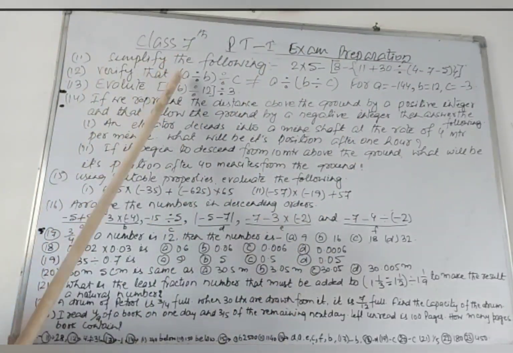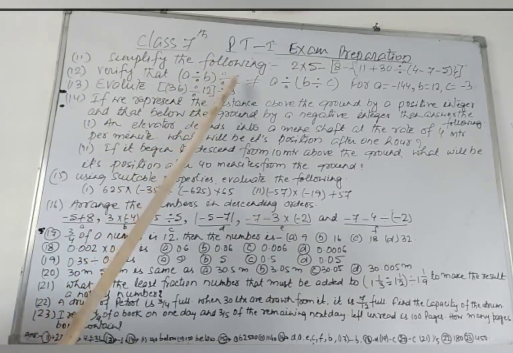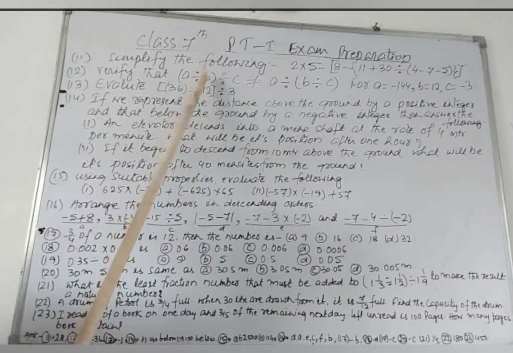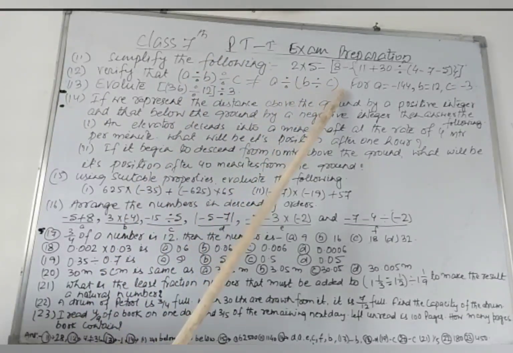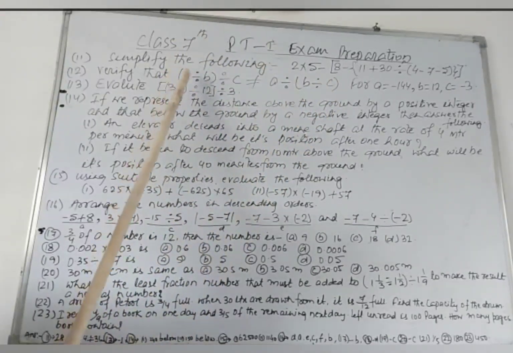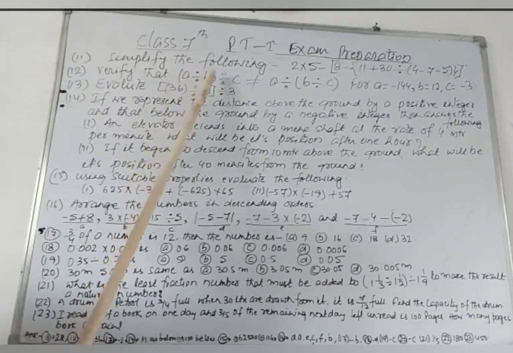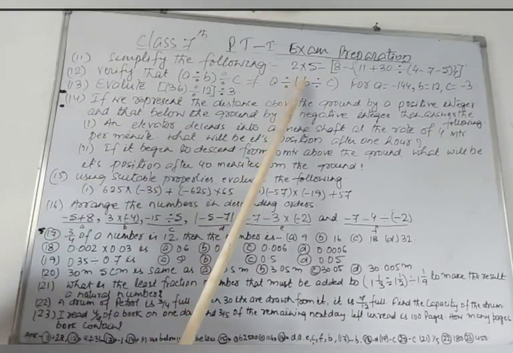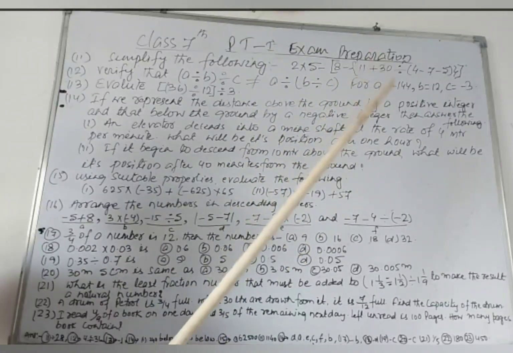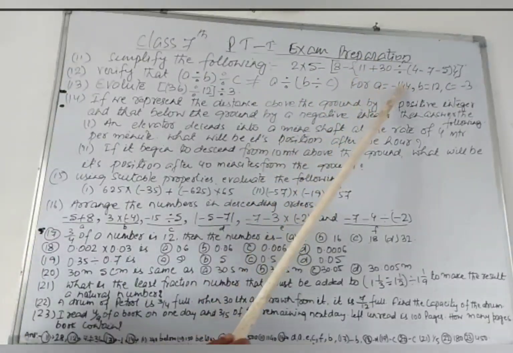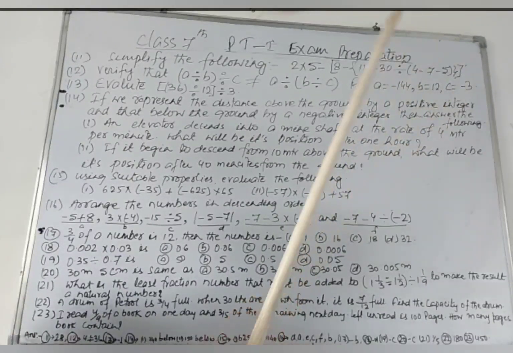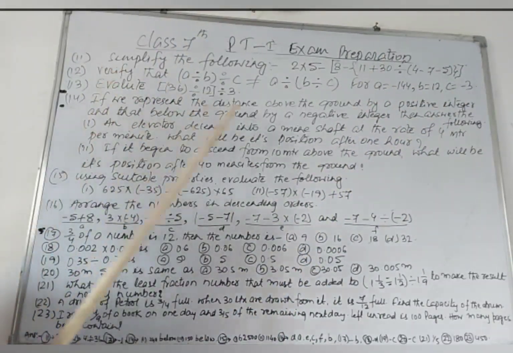Verify that A divided by B divided by C is not equal to like this. Here the bracket is on a different side. Here the bracket is on A, and A divided by B, here the small bracket is B divided by C. For the value of A equal to this value, you have to put for A, for B 12, for C -3.